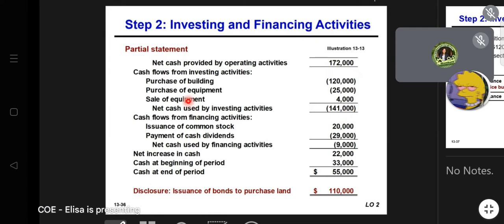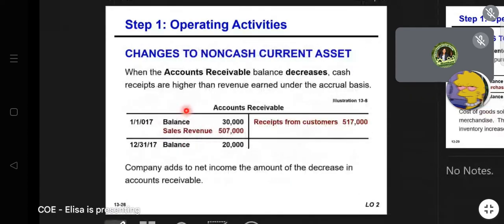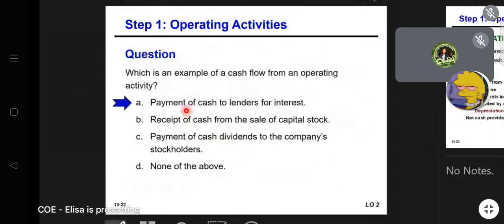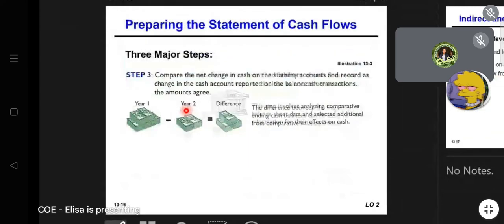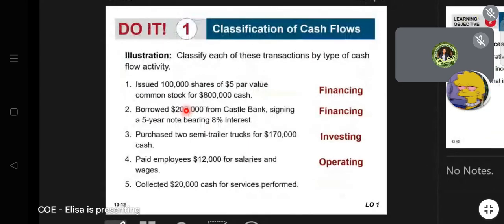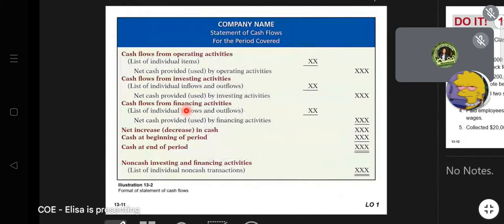But for consistency with our template, the description will remain the same: net cash provided or used by investing activities.